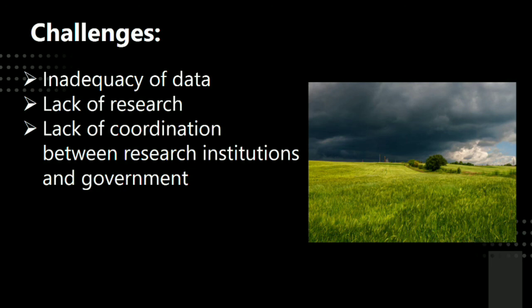So these are a few issues that we still need to tackle. This is one of the challenges that research institutions and government generally find: a lack of coordination between them.